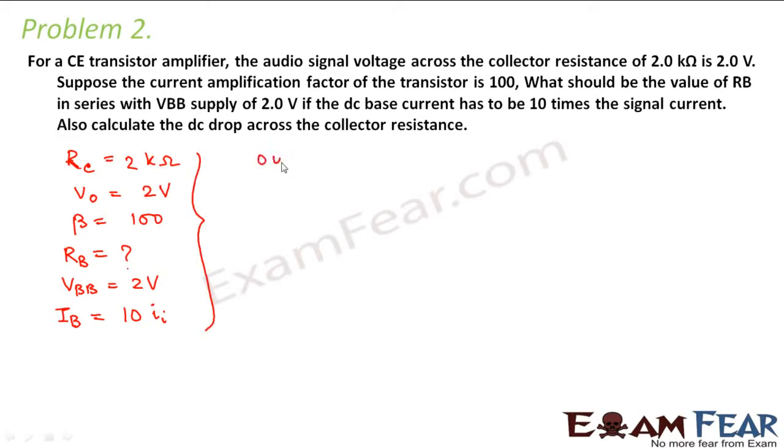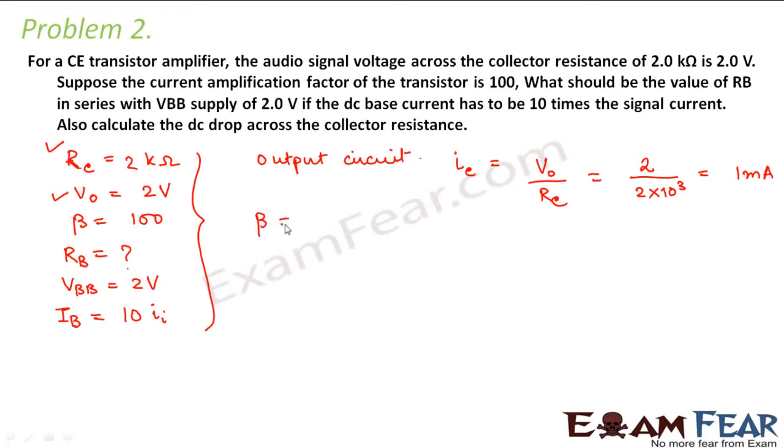Now let us look at the output circuit first. In the output circuit, the output voltage and the output resistance are given. So I can calculate the output current or the collector current, which will be V output divided by RC, that is equal to 2 divided by 2 into 10 to the power 3, which comes out to be 1 milliampere.